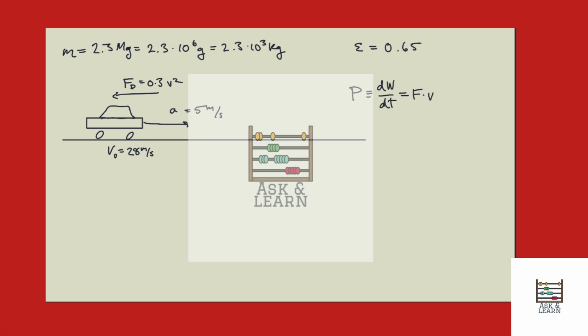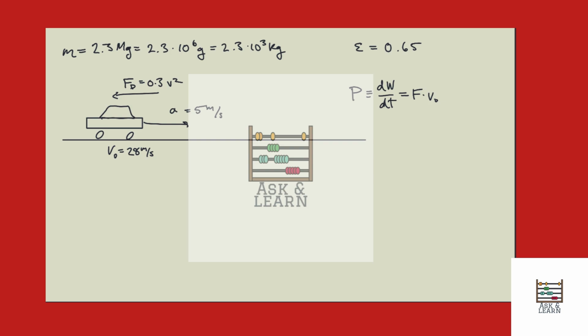So first, we would like to calculate the force and the velocity. We actually have the velocity already because this is instantaneous, and this is just v0, 28 meters per second. We also can calculate the force, since we're given the force of drag is just 0.3 v squared, right?